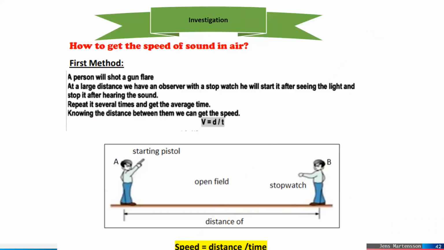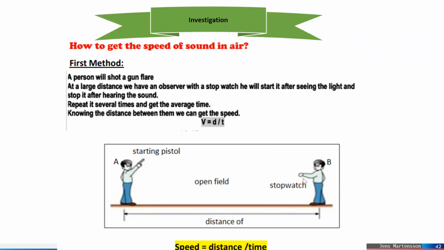Here we have a sample investigation to practice the scientific inquiry questions in your exam. How can we get the speed of sound, for example? Here we have a simple method. We have two persons. The first one shoots a starting pistol with a fire, and another observer stays away from the first person.